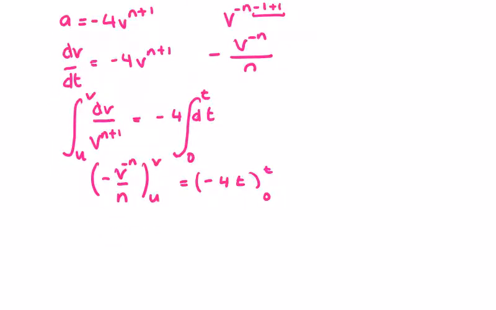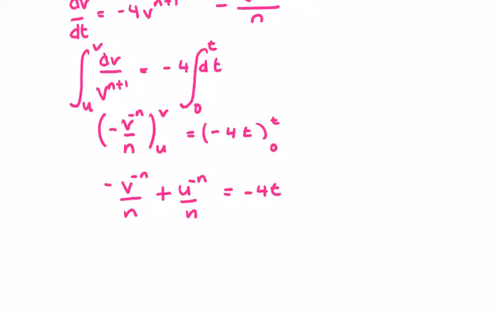Putting v and u in, we get minus v to the minus n over n minus u to the power of minus n over n equals minus 4t. I'll put the positive one first: we get 1 over u to the power of n times n, minus 1 over v to the power of n times n. We're looking for v in terms of the others here.